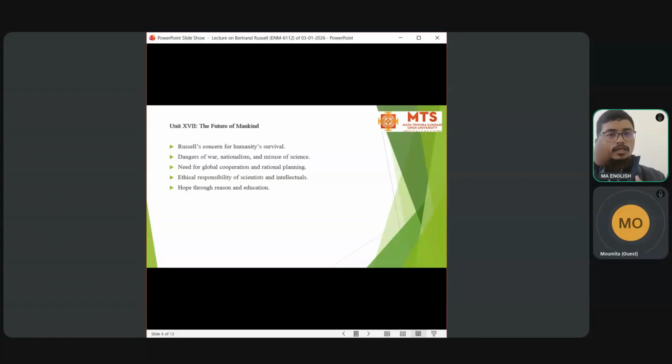So here in this essay, Russell also warns us against the misuse of science. Science, according to him, is not harmful by nature, but when it is guided by greed, power, or political ambitions, it becomes dangerous. He believes that scientists and intellectuals have a moral responsibility to think about the consequences of their work.